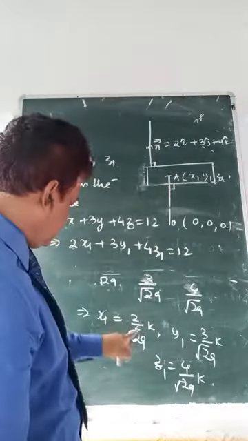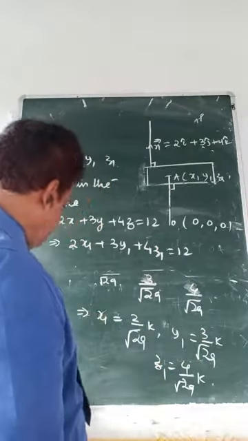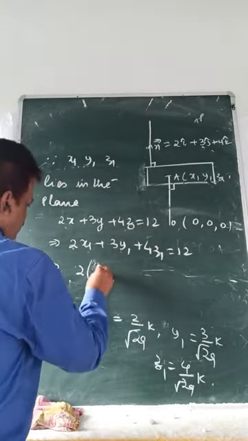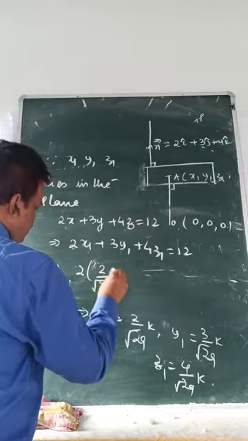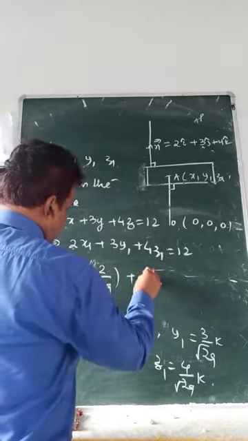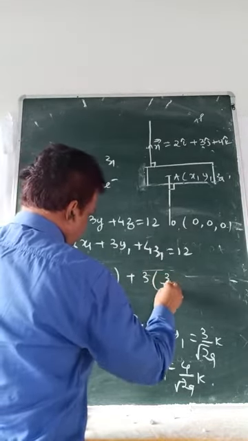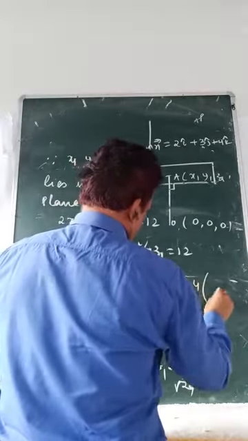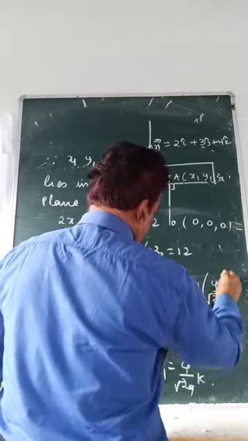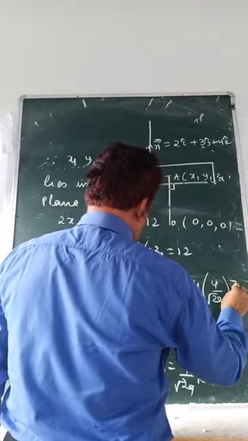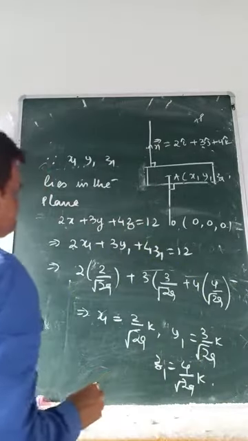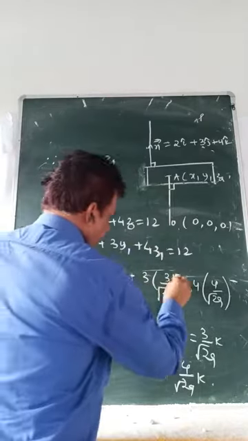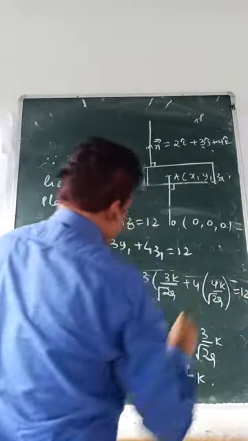Now you put these values of x1, y1, z1 here. So how much will you get? 2 into 2 by root 29 k plus 3 into 3 by root 29 k plus 4 into 4 by root 29 k equals 12.